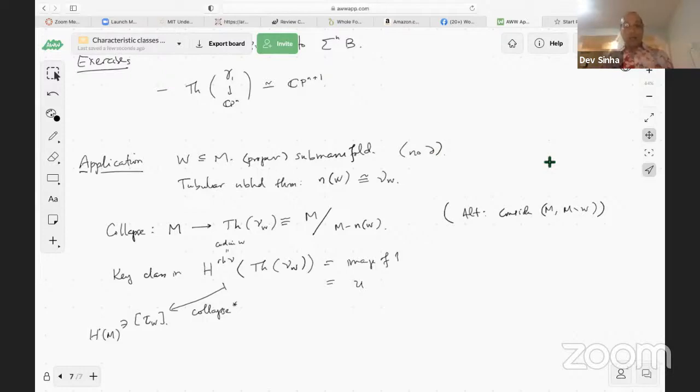So that's a different way to construct cohomology classes from submanifolds. In fact, if we didn't like differential topology as much, notice that we could just use the tubular neighborhood theorem. So we could prove the Thom isomorphism theorem, and we could define our Thom cohomology classes through this collapse map.